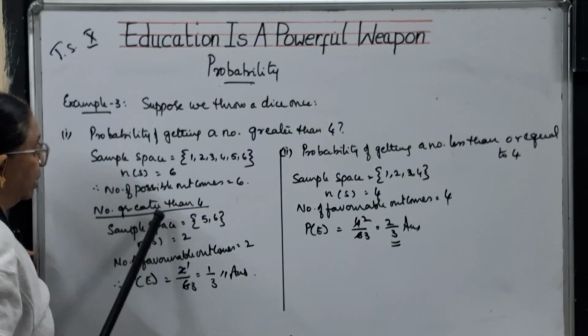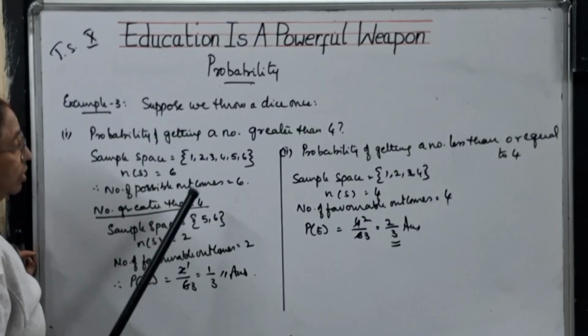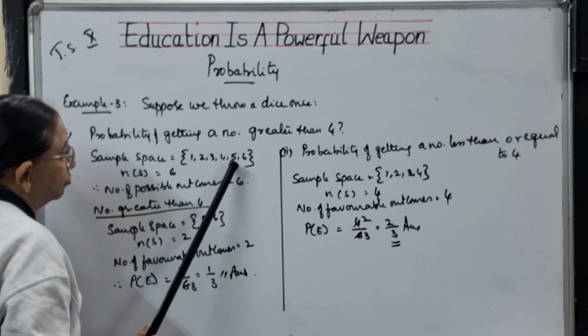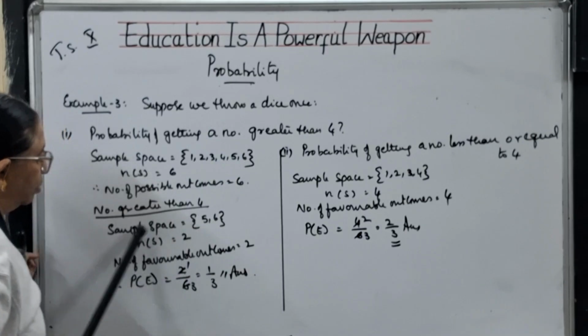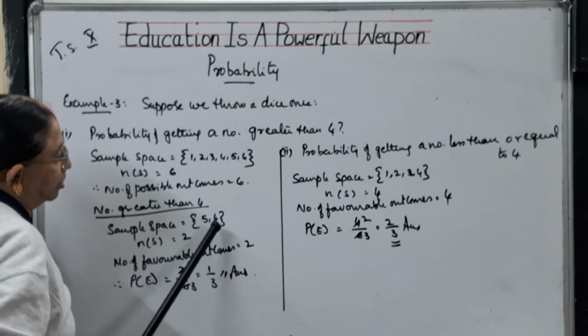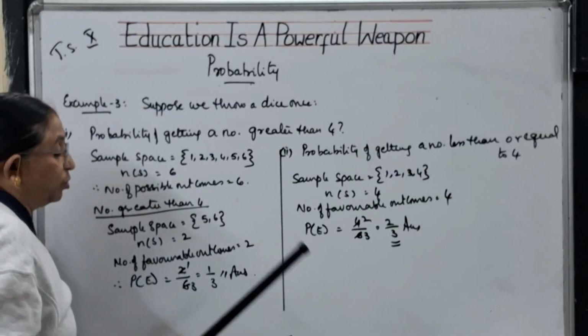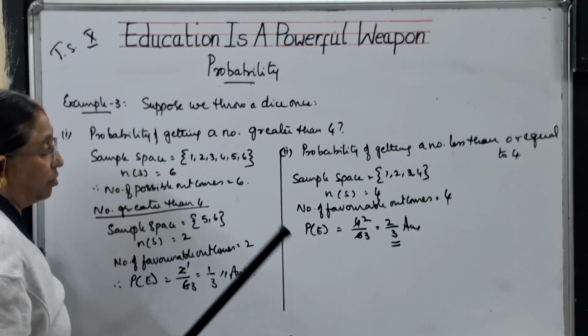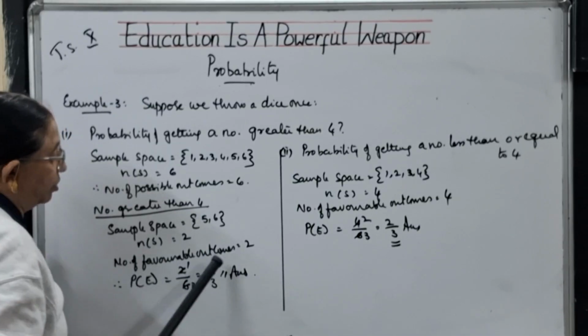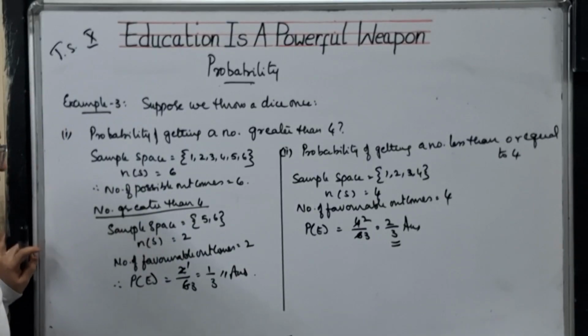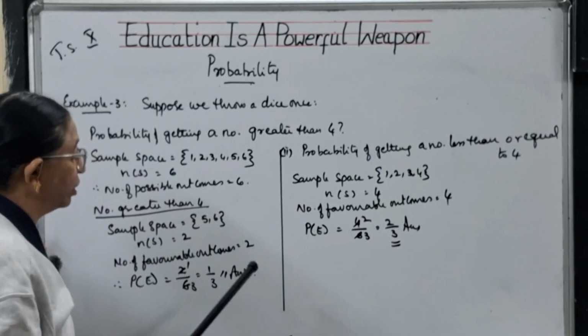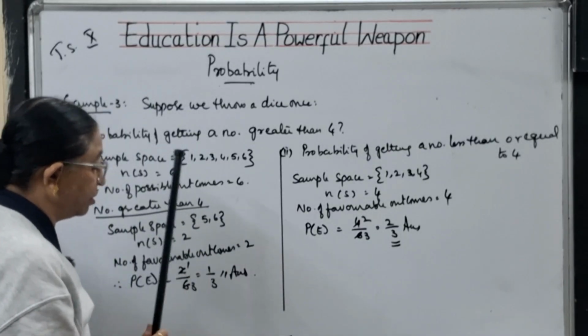And when we are talking about a number greater than 4, greater than 4 we have only 2 numbers. So for that also we have to write the sample space. In the earlier problem I told you when I was teaching that there is only one item, so directly I have written the number of favorable outcomes. But for this problem it's not one, so we need to write the sample space even for it.